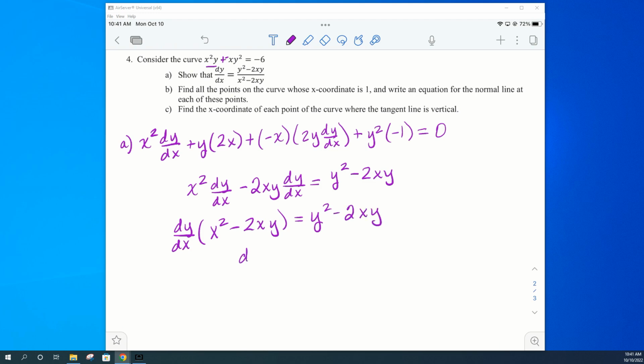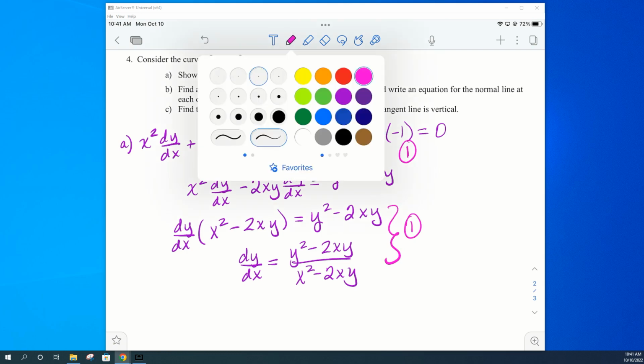And then finally I divide and I get this. Double checking it's exactly what they have, and I am good. Where are the points? Well, the points are really, did you do the implicit, did you do product rule, and then did you show the algebraic steps and get to there?